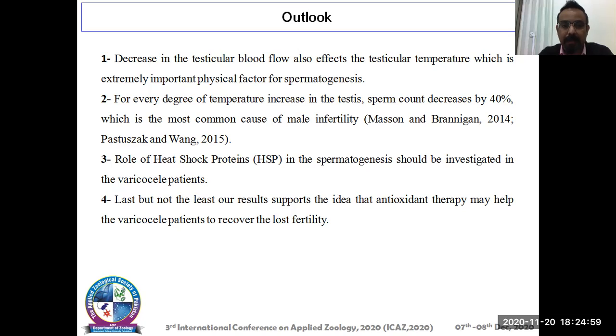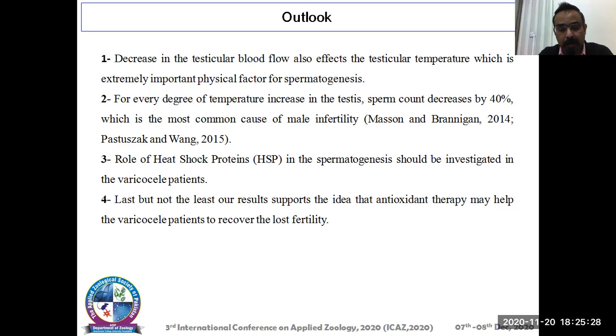It is likely that the heat shock proteins, which are generally present in almost every somatic cell, get activated with an abnormally high or low temperature. So these heat shock proteins, HSP 70 and 90, might play a role during the process of spermatogenesis in the varicocele patients.